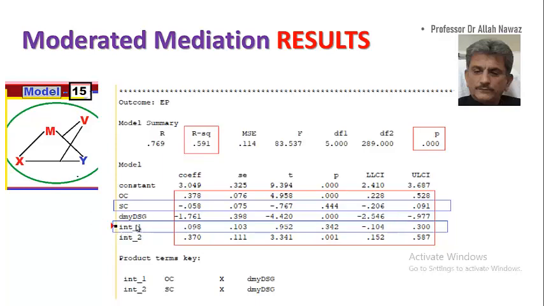Next is interaction term 1. Interaction term 1 is the computed variable for path X and Y when designation is working as a moderator on this C prime path. This term is also insignificant.